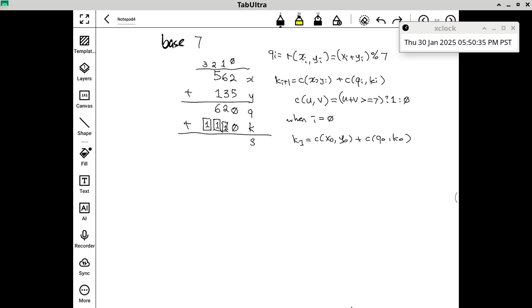And when i equals 1, then k2 equals c of x1, y1 plus c of q1, k1. Because I already know the values of the respective digits by the time I get to when I need to calculate k1, I just put all the values in, use this function to evaluate each one, and perform all the calculations. It's just tedious.